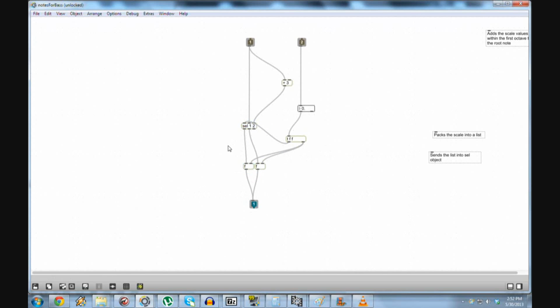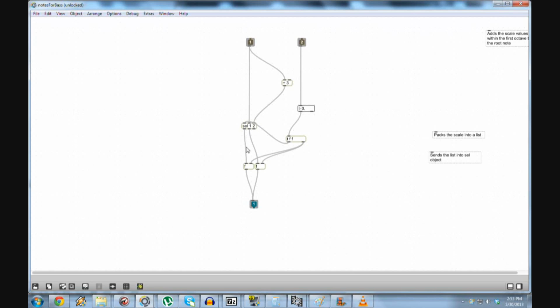This trigger makes sure that the trigger goes from right to left instead of left to right.